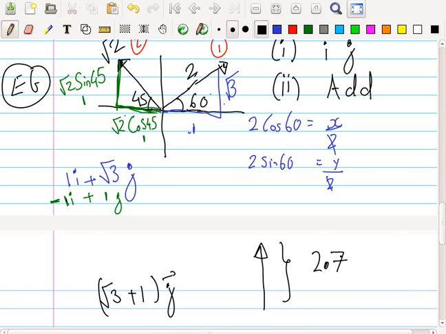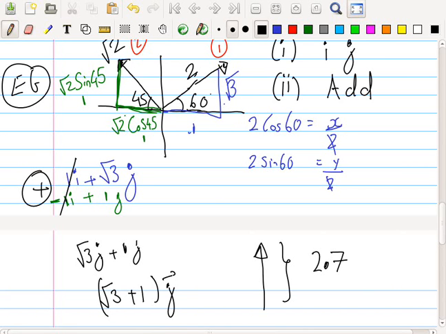Did you write the j together? I did, yeah. The step before it was root 3j plus 1j. I added these two together, and these i's cancel. Then these add together to give me this.